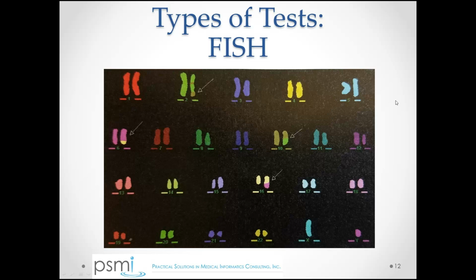There's commercial libraries of probes available, and we'll come back to this a little bit, because sometimes when a lab reports the results of a FISH test, they'll report exactly what probes were used, and that can be helpful information to help interpret the clinical significance of the results.